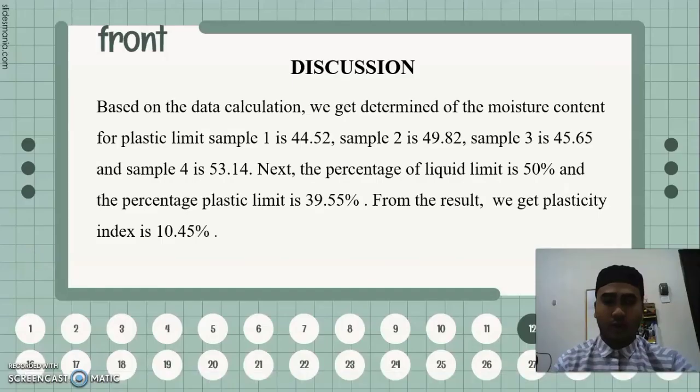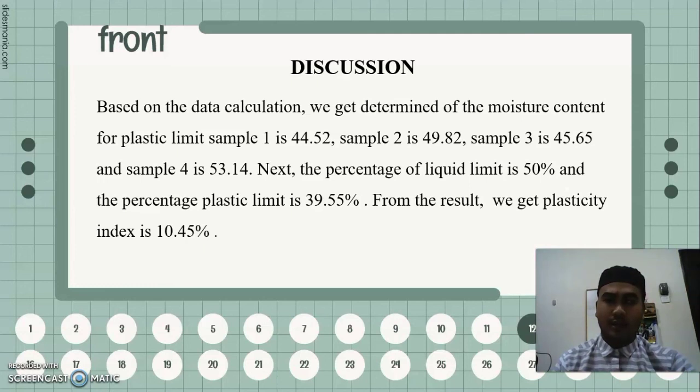Assalamualaikum warahmatullahi ta'ala wabarakatuh. My name is Al-Baqi bin Abdul Rahim and my registration number is 2038. Now I will explain the discussion. Based on the data calculation, we determine the moisture content. Sample 1 is 44.52, sample 2 is 49.82, sample 3 is 45.65, and sample 4 is 53.14.